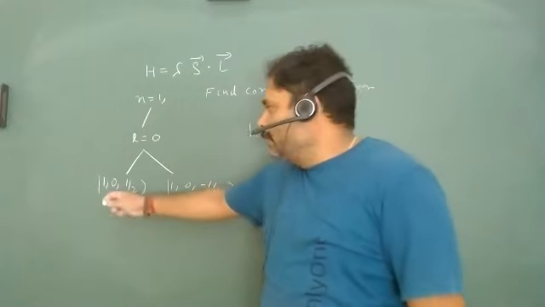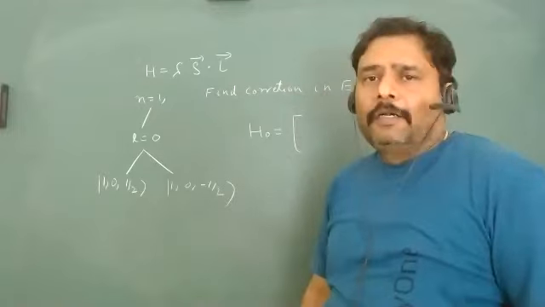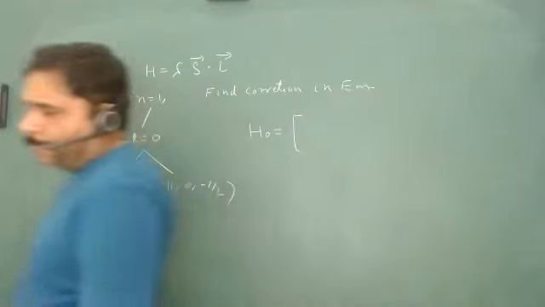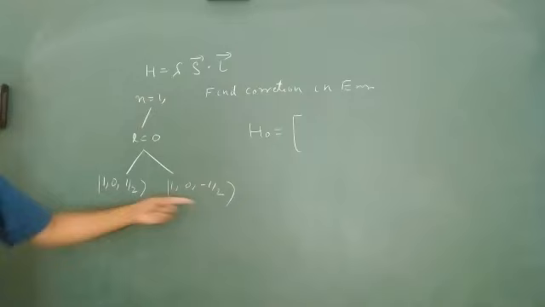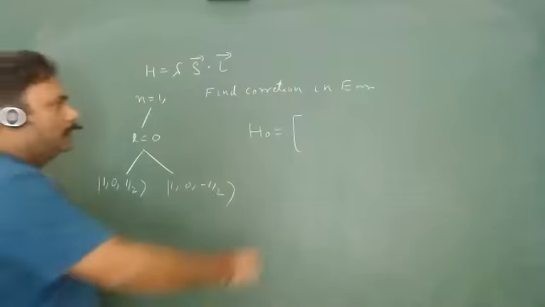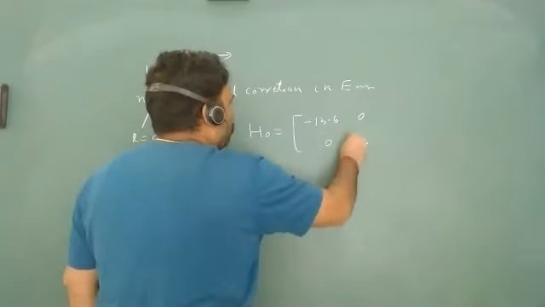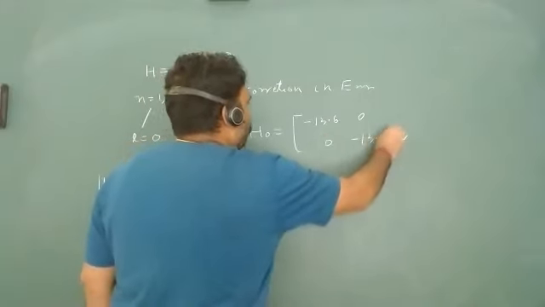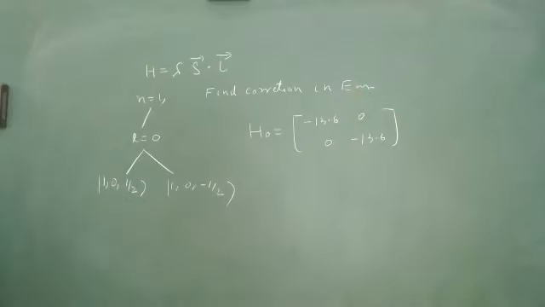E naught 0 0 E naught. What is E naught? Minus 13.6, because energy is only dependent on n equal to 1, and you have two states. So you have minus 13.6, 0, 0, minus 13.6. Okay, so this is your H naught.